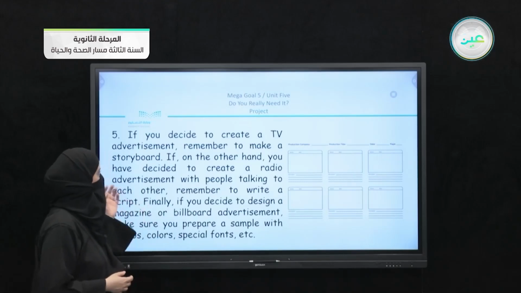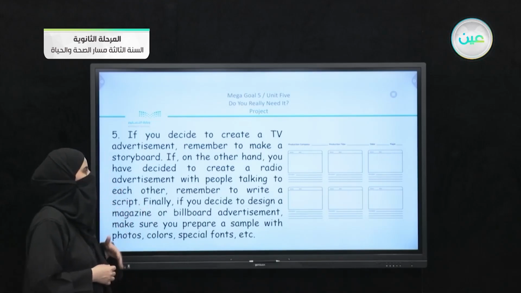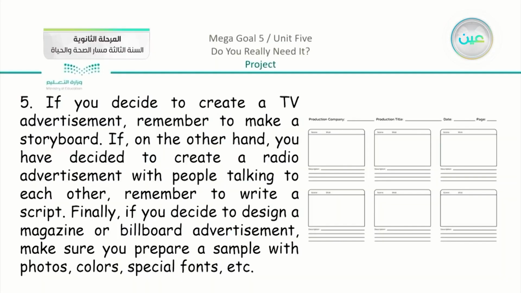So we have here, if on the other hand, you have decided to create a radio advertisement with people talking to each other, remember to write a script. Finally, if you decide to design a magazine or a billboard advertisement, make sure you prepare a sample with photos, colors, special fonts, etc.